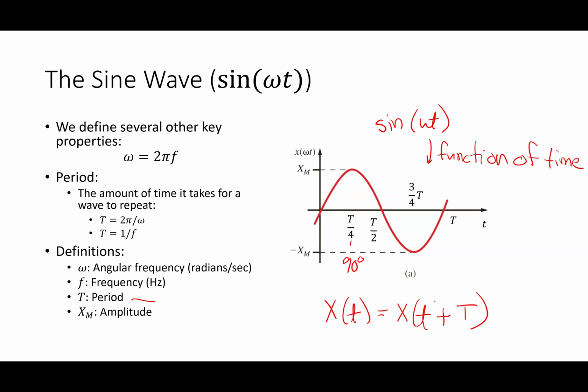Give me English. If basically I move a period ahead, it's the same value, right? So the value on the y-axis has the same value right now as it will one period later.